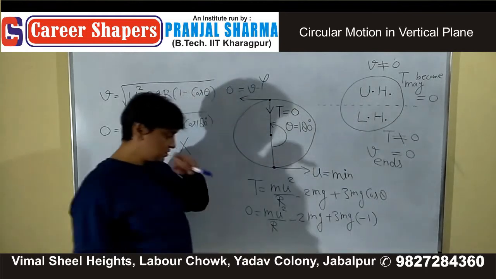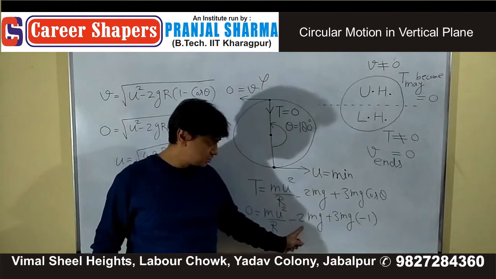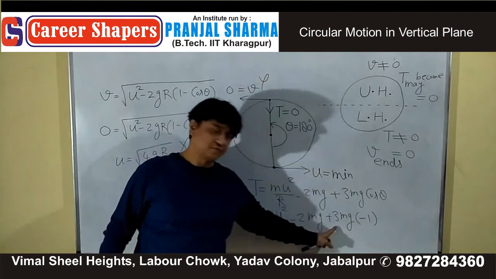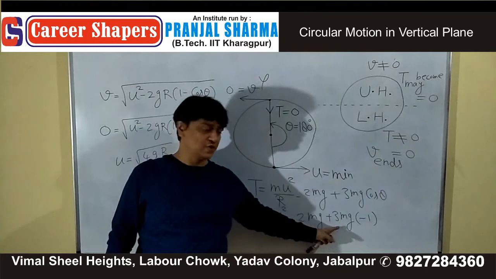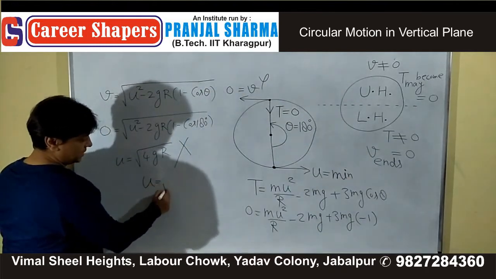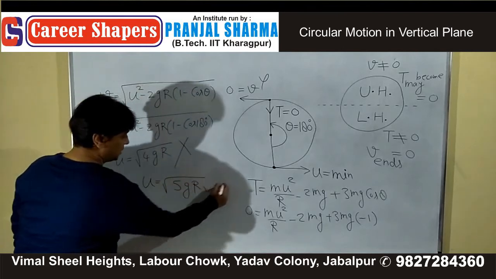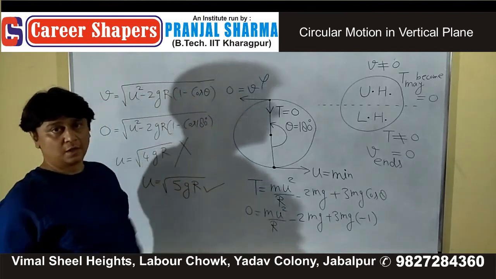M is cancelled. This is minus 2, this is minus 3. That gives you minus 5. Shift it and you get U as root over 5 GR, which is the correct answer.